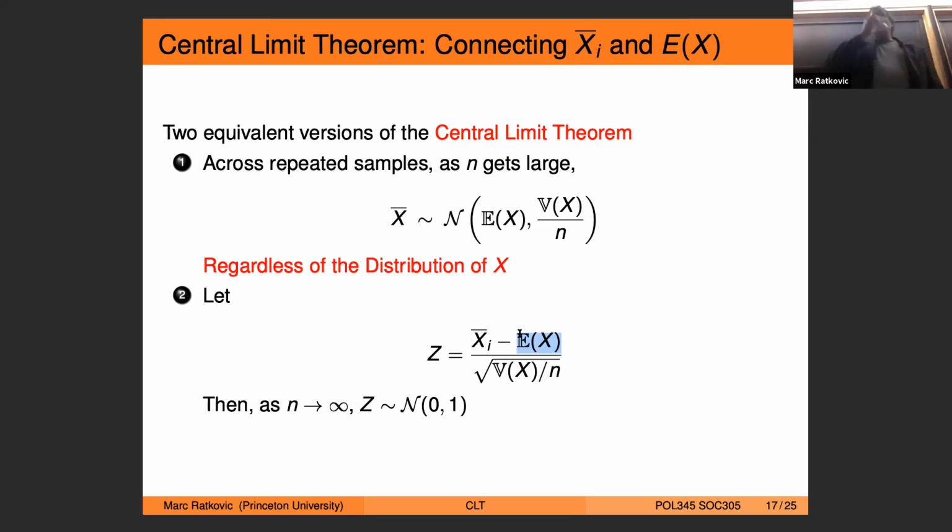So we have a single representation of the data that connects our sample mean to the true mean that we're interested in. So the question of inference is, how close is x bar to E of x as a function of its standard error down at the bottom? The denominator is the standard error.